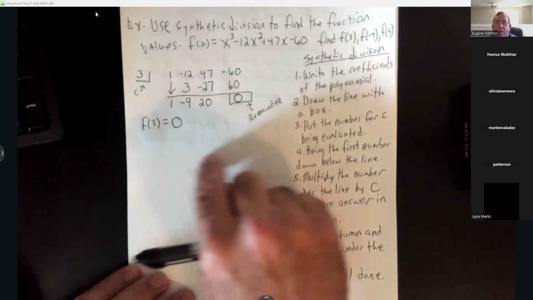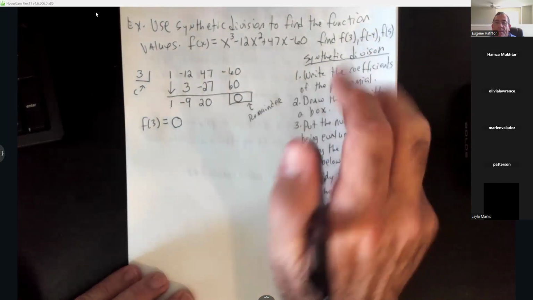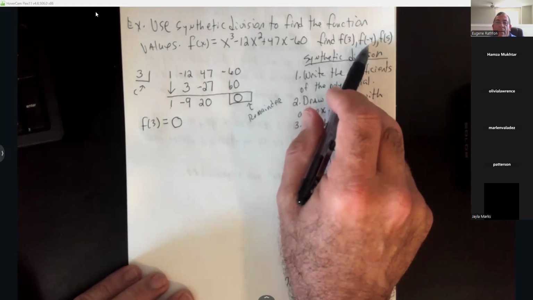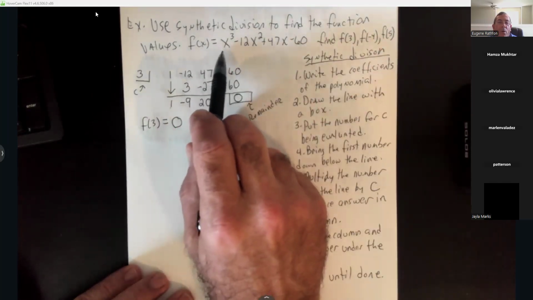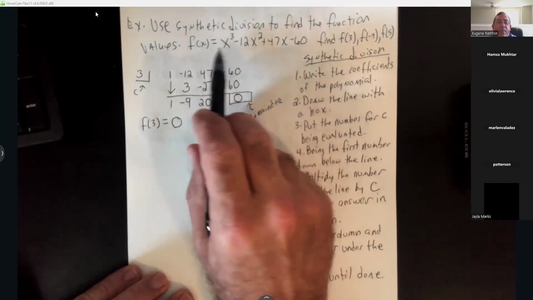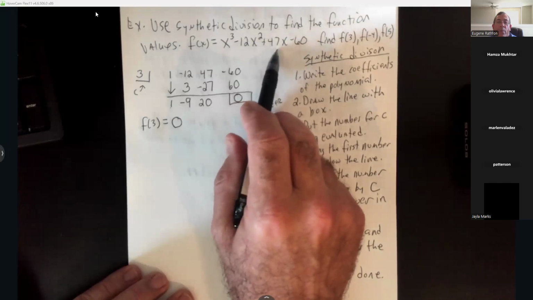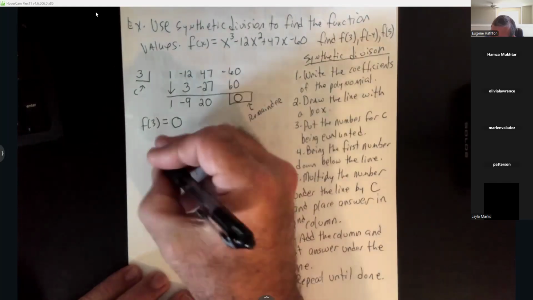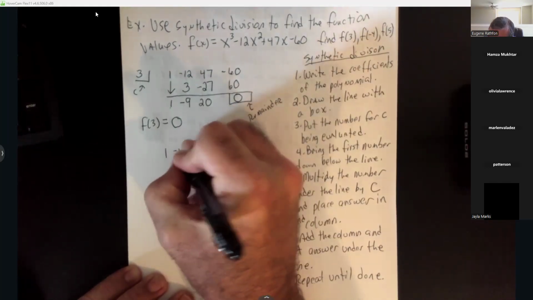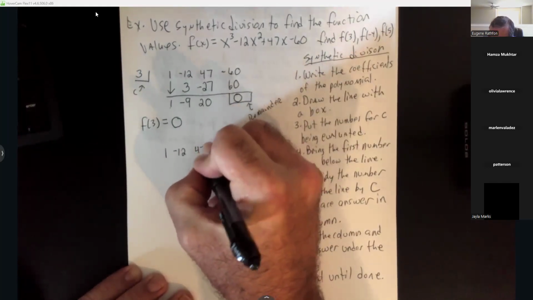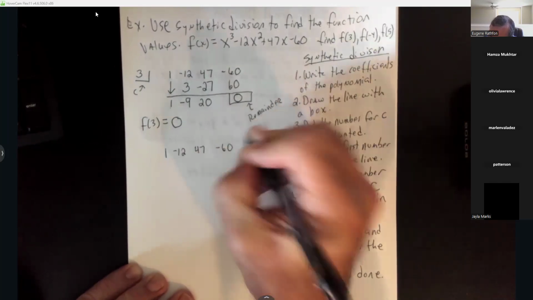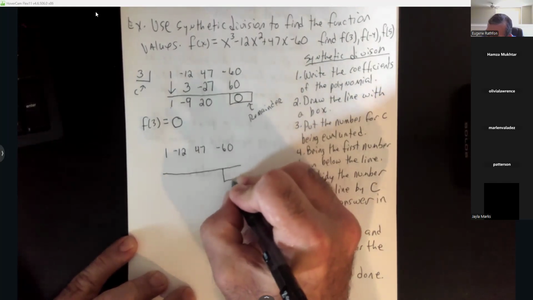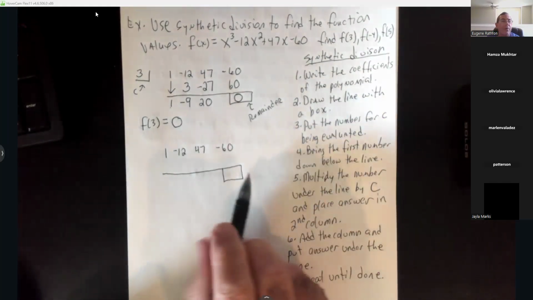So y'all have a question on this yet? If not, we'll go in and find f of negative 4. So f of negative 4, we're going to write the same coefficients, 1, negative 12, 47, negative 60. It's going to start out just like this one. I'm going to draw my line, and I'm going to box under the last number.